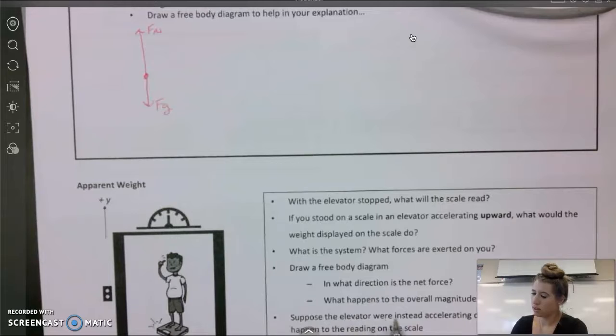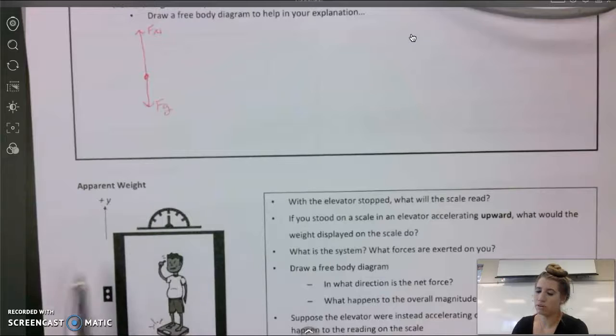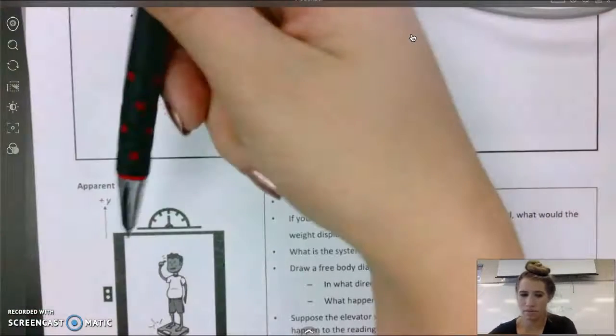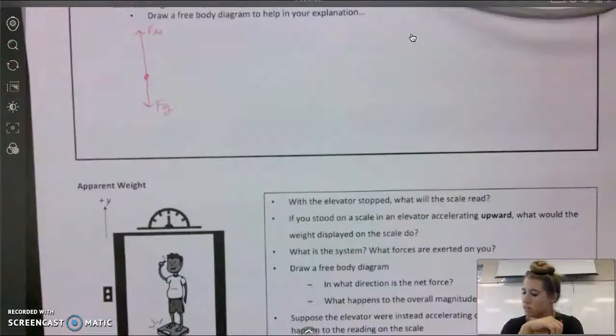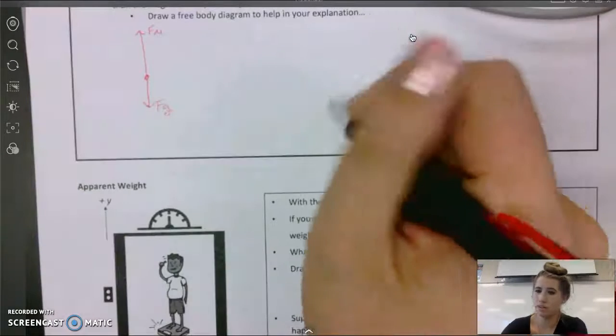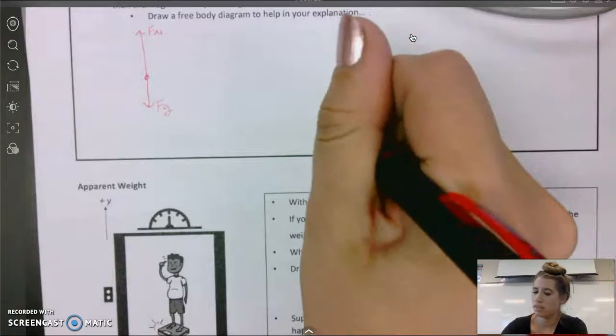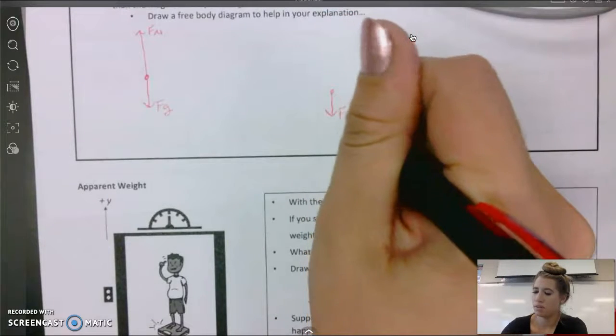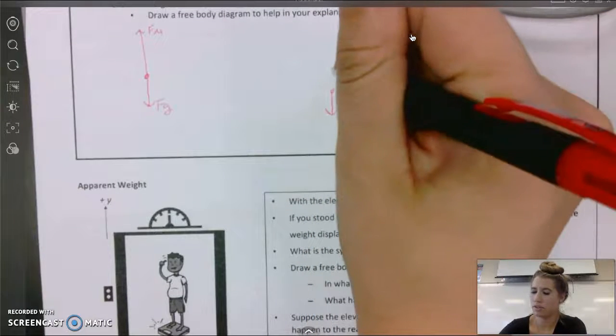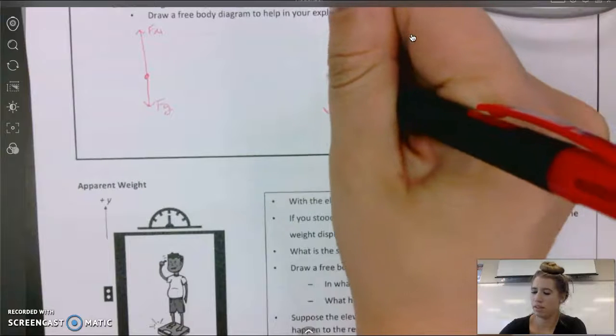Suppose the elevator were instead accelerating down. Predict what would happen to the reading on the scale. So now we're no longer accelerating upwards, we're accelerating going down. So what do you think would happen there? It would change. We have our force due to gravity, right? That's the same. But our acceleration is in the negative, so our net force is in the negative.